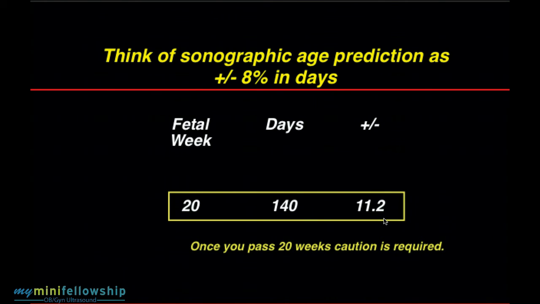So once you pass 20 weeks, caution is required. Once I pass 24 weeks, I do not use ultrasound dating. So if size and dates do not match, I believe that you are obligated to use the patient's dates.